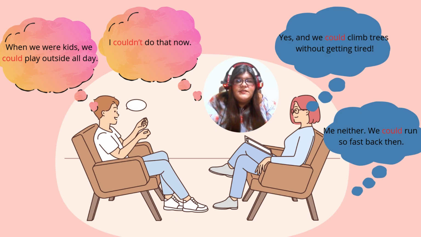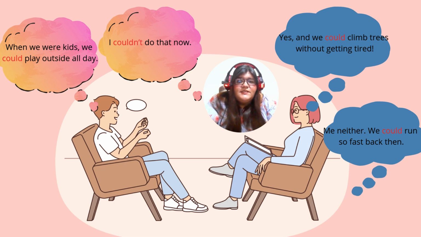Then, guys, I decided to picture these examples for you to understand the context a little bit better. These are two friends remembering what happened in their past, especially when they were children. For example, he says, when we were kids, we could play outside all day.